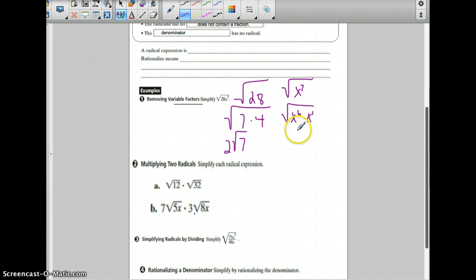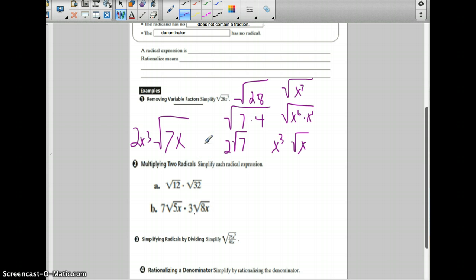Anytime you're taking square roots, you can divide the exponent of the variable by 2, and you get x to the 3rd coming out, and then you're going to have 1 x inside the radical. So we have these two products that we can combine to make 2x to the 3rd times the square root of 7x.